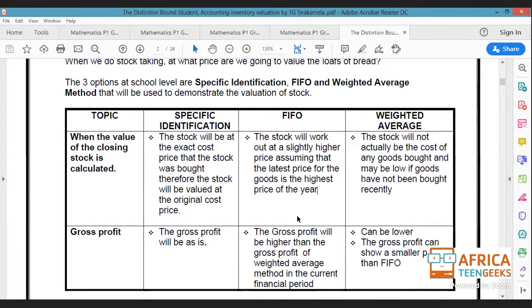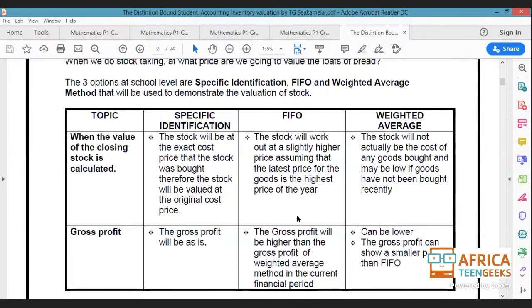Okay, I can see maybe some of you are still wondering, okay, what's happening here? It's still language. Up until we start with the calculations, that's where things are going to make sense. Then now, gross profit. In grade 10 and grade 11, you've dealt with your income statement. At this point in time, you need to be able to calculate gross profit. We know that the gross profit is the first subtotal that we get in your income statement.